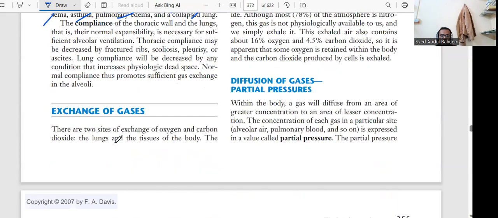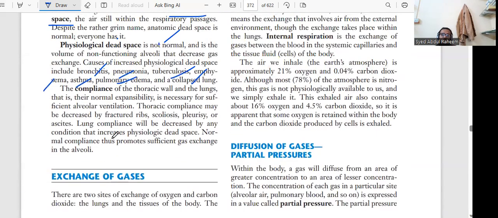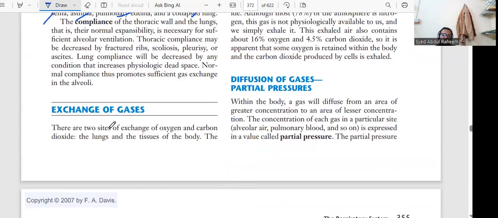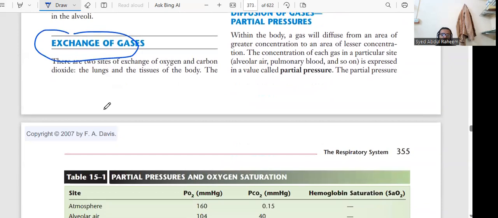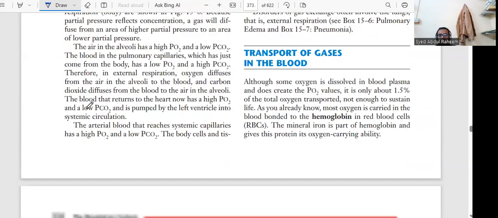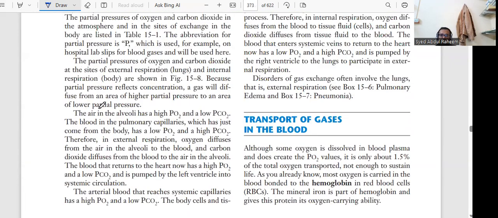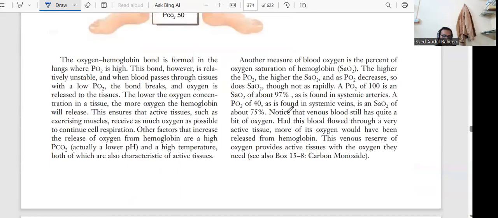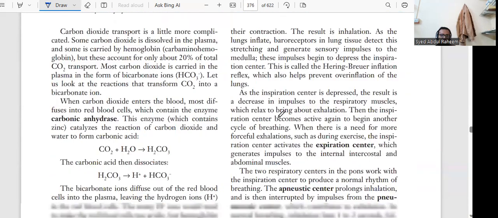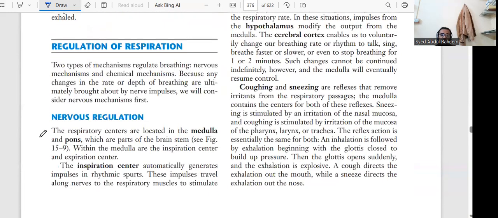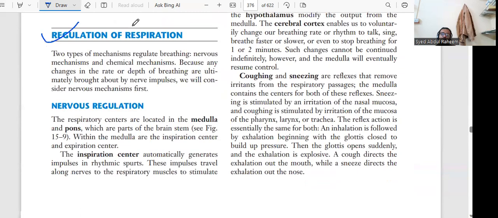So in detail, we talked about inhalation, exhalation, and pulmonary volumes. Tomorrow we'll discuss exchange of gases: how oxygen and carbon dioxide are exchanged, how oxygen is reaching and carbon dioxide is being eliminated from the blood. And how we are regulating continuous respiration.